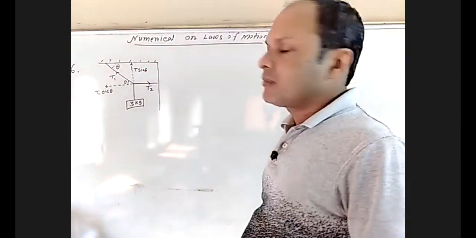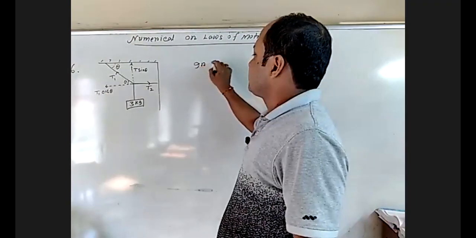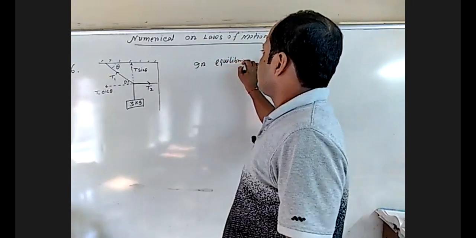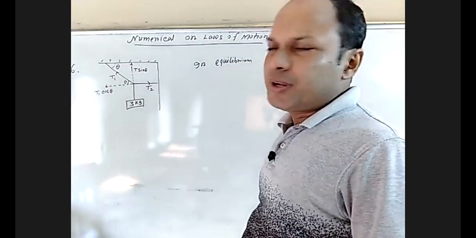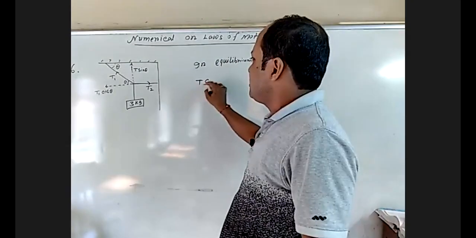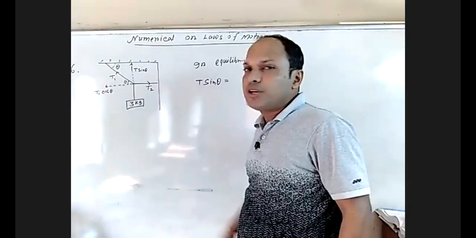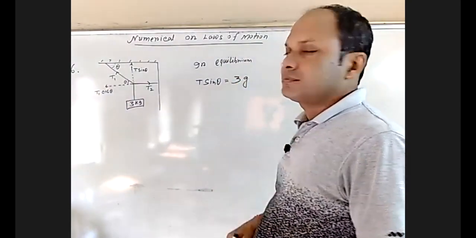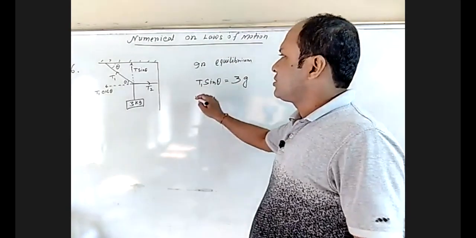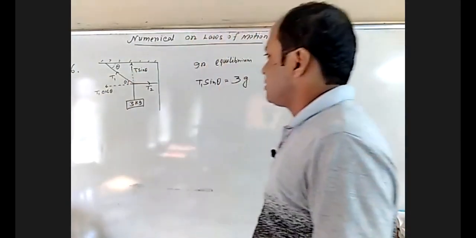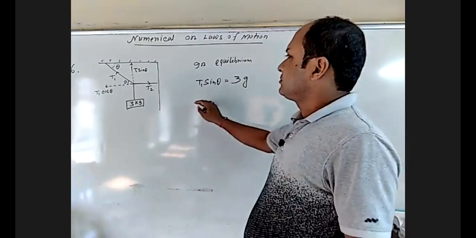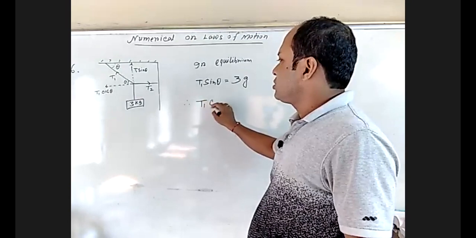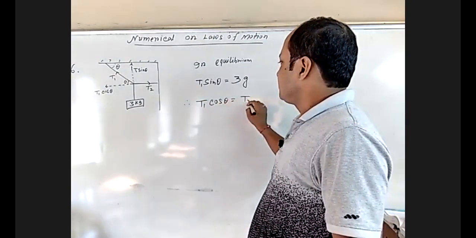Now, in equilibrium, T1 sin theta equals the weight of the object. It is 3 into g. That is, T1 sin theta equals 3 into g. Therefore, T1 cos theta equals T2.